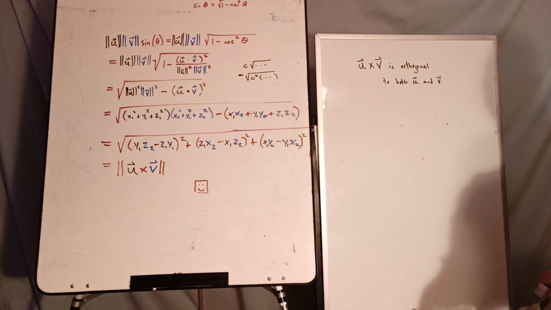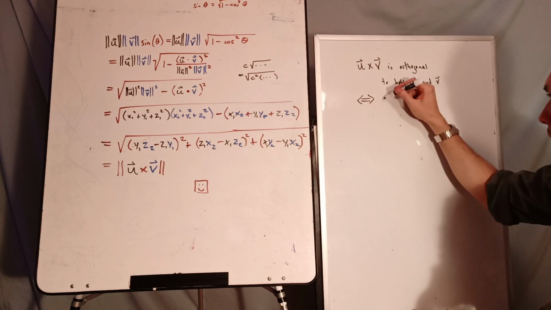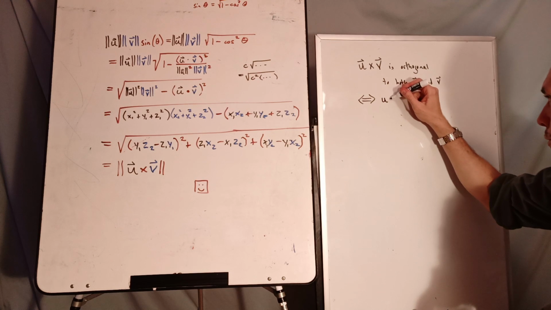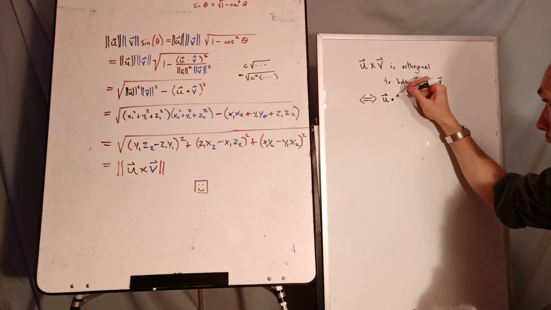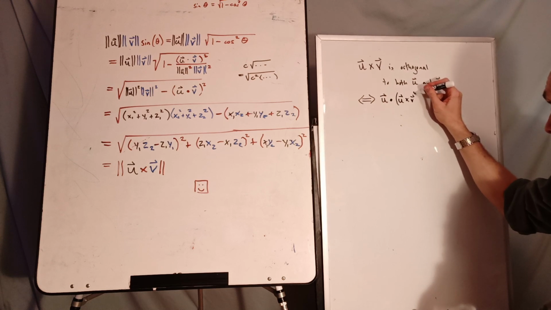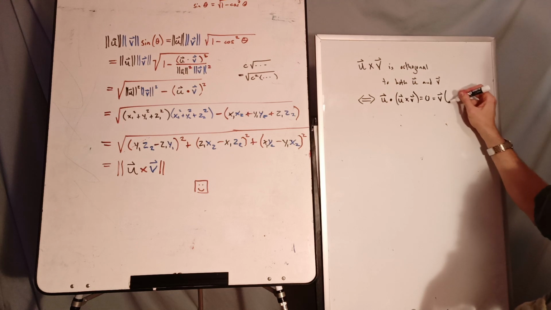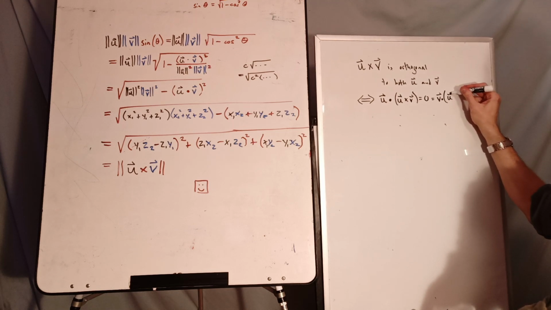Right, so this is true because u dotted with u cross v is 0, as is v dotted with u cross v.